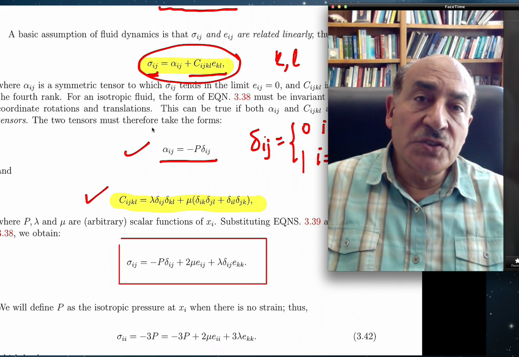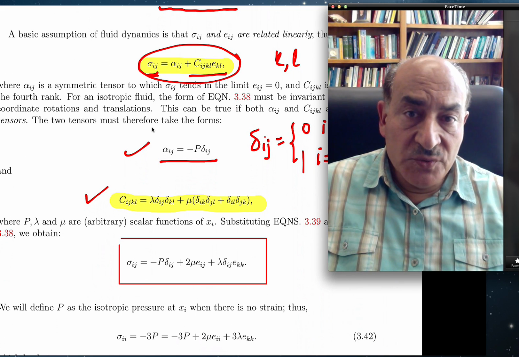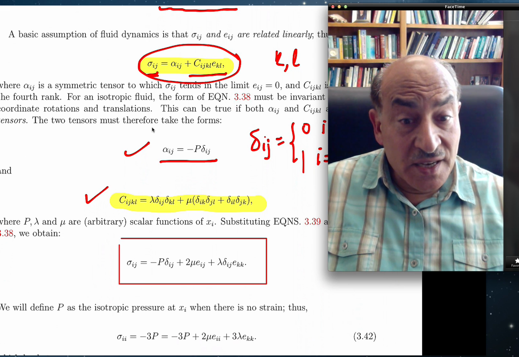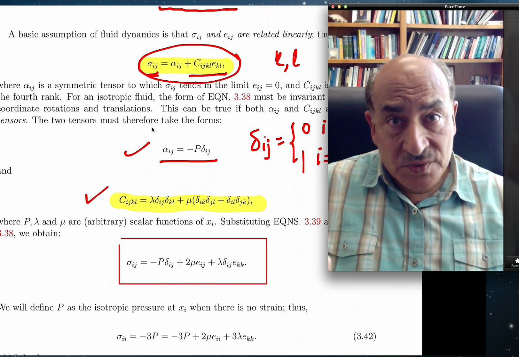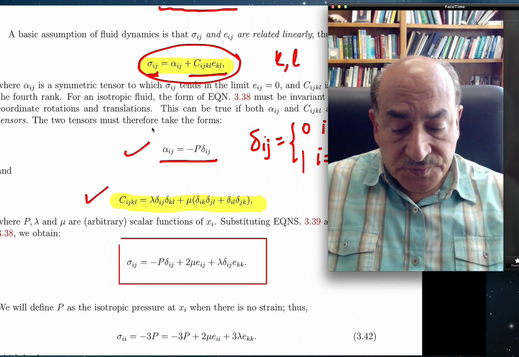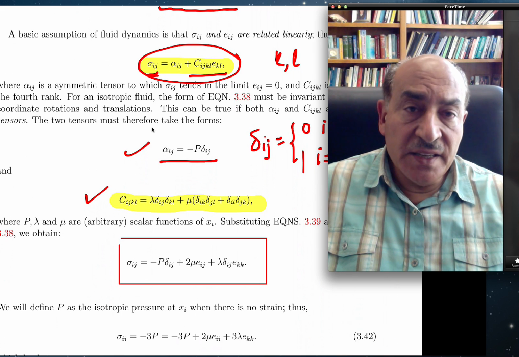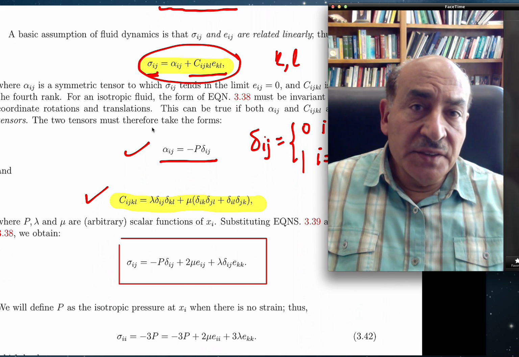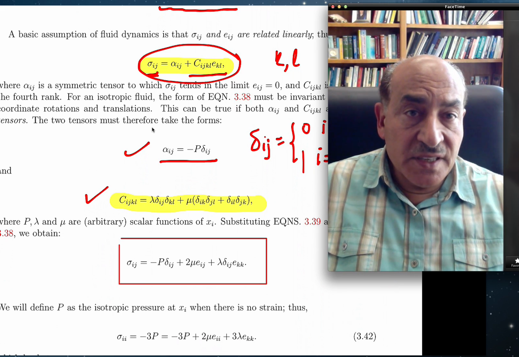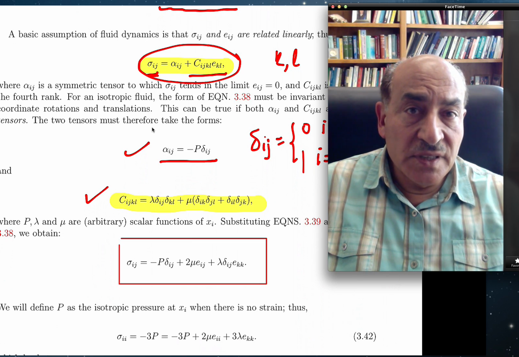The sigma ij is equal to minus p, which is an arbitrary constant now, which we'll see later is going to be the pressure, plus 2 mu eij plus lambda delta ij ekk. And lambda and mu are again arbitrary constants.